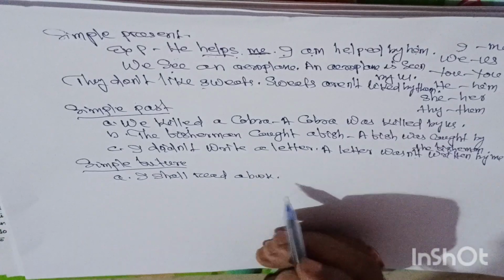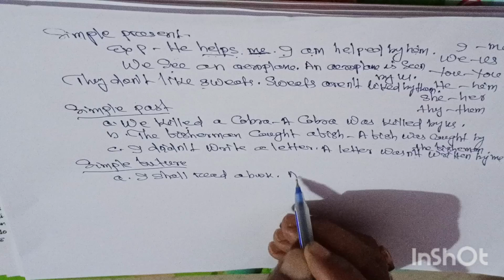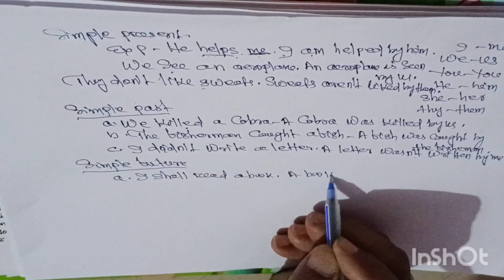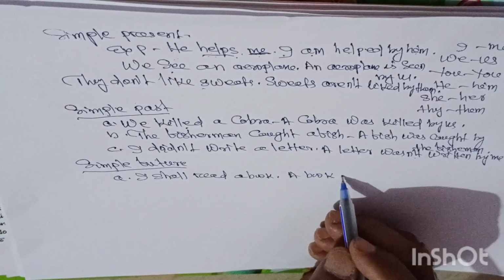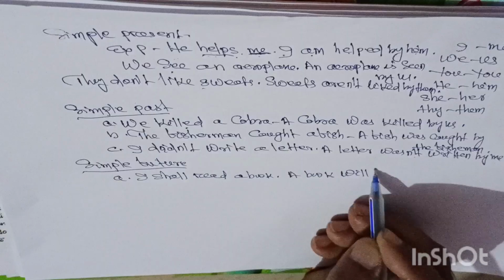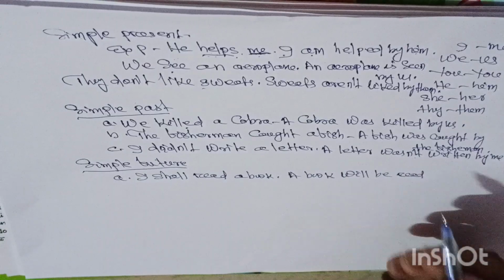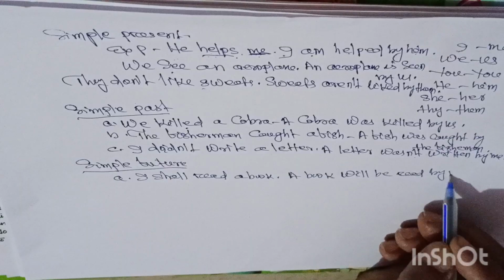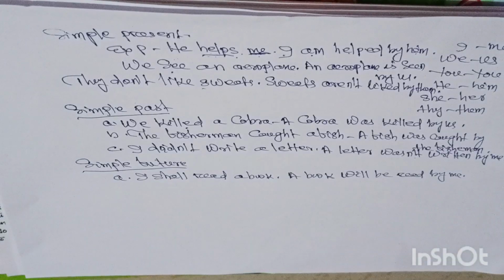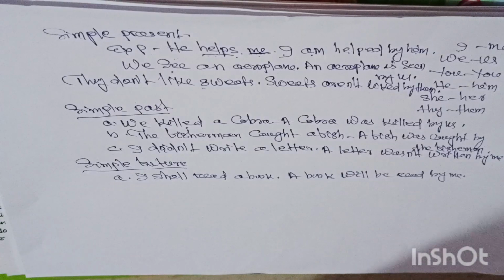First you choose the object. Here the object is a book. A book, then use will be. The past participle of read is read, by me. So you write the passive form of I shall read a book: A book will be read by me.